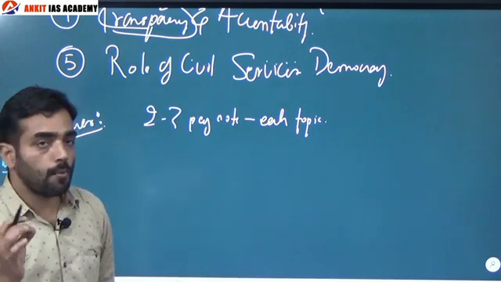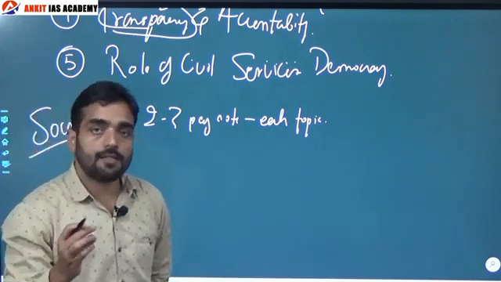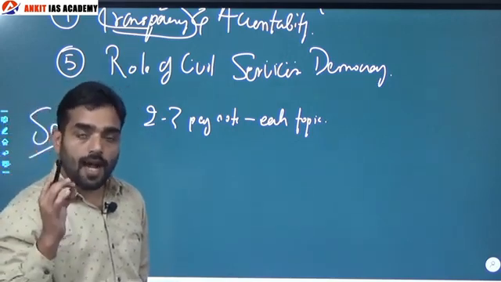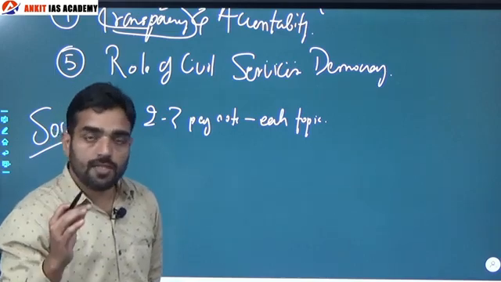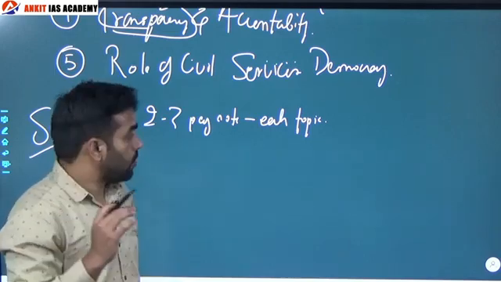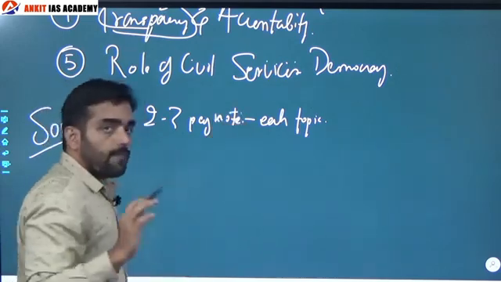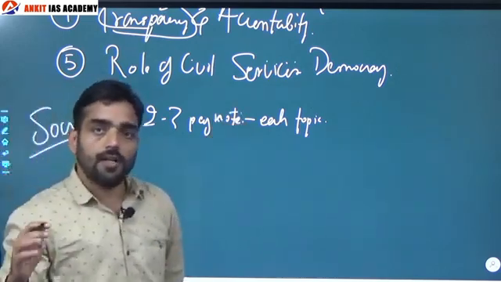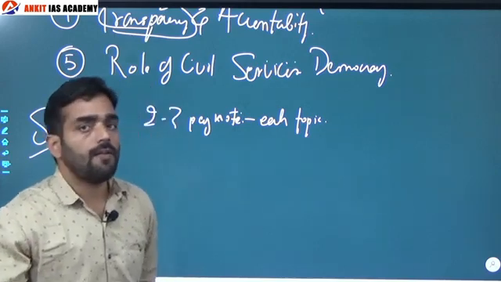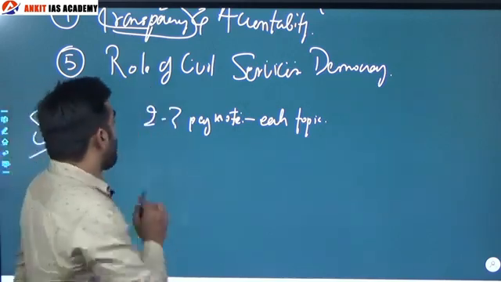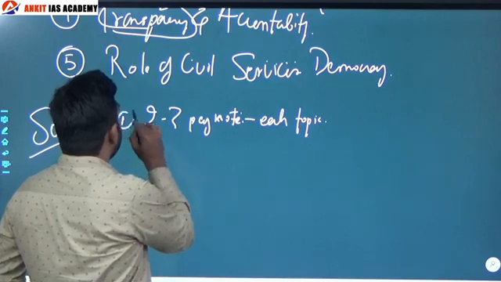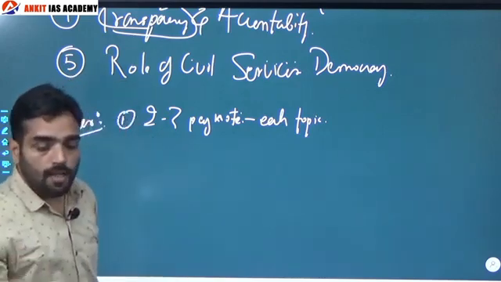Then there are self-help groups, citizen charter, e-governance, transparency and accountability, RTI, role of civil services in democracy. So prepare a 2-3 page note on each topic from wherever you can find the source of it. There is a plethora of sources available on Google or in the market. So take them and prepare a 2-3 page note on each of them.